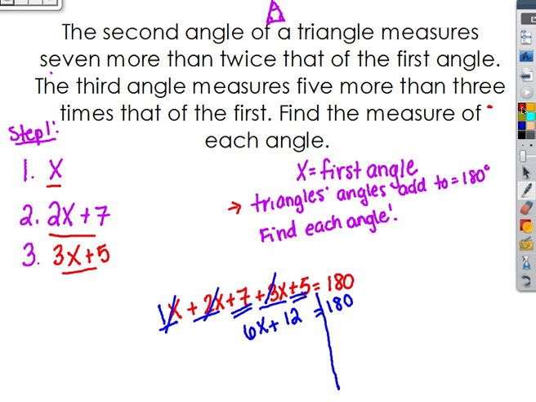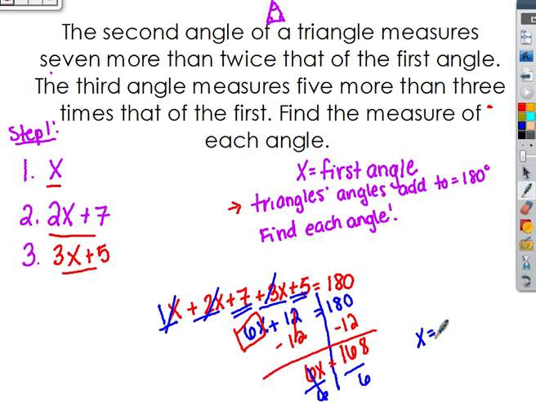And I'm going to try to get x by itself. So my next step would be subtract 12. And I get 6x equals 168. Get rid of the 6, divide both sides by 6. And x is equal to 28.